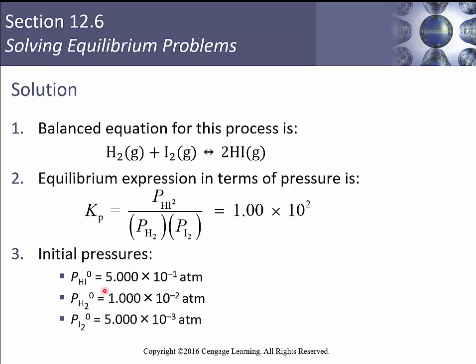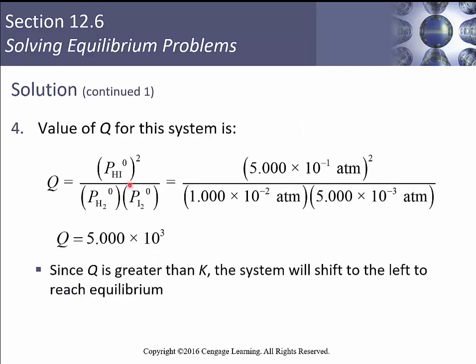If our initial pressures are as given, 5 times 10 to the minus 1, 1 times 10 to the minus 2, and 5 times 10 to the minus 3, we're going to write our Q expression, plugging in our hydrogen iodide, hydrogen gas, and iodine pressures, making sure this guy's squared. So we get 5 times 10 to the minus 1 squared divided by 1 times 10 to the minus 2 times 5 times 10 to the minus 3.